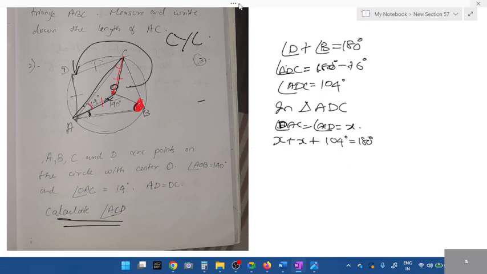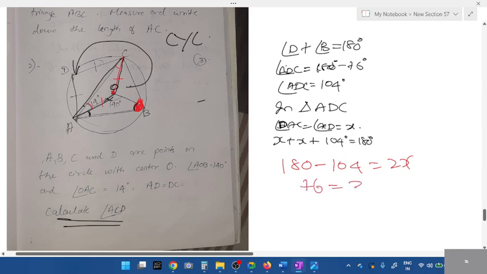Respond. 180 minus 104 is equal to 2x. Did you all get it right, or a different answer? 76 is equal to 2x. x is equal to? Did you all get 38? Good. If you got it in a different way, 38 is the answer, students. So x is equal to 38. That is what they have asked.